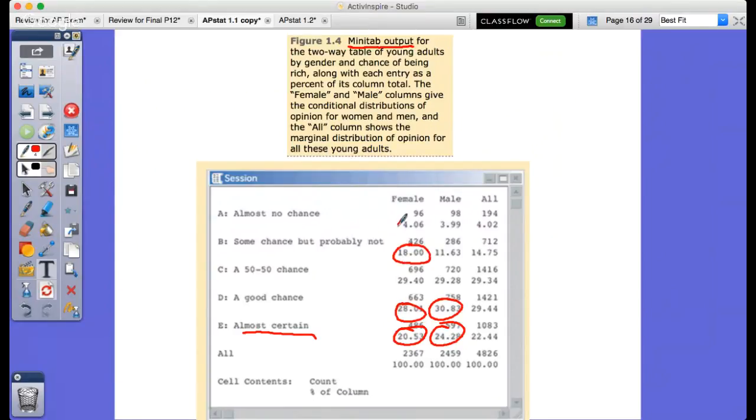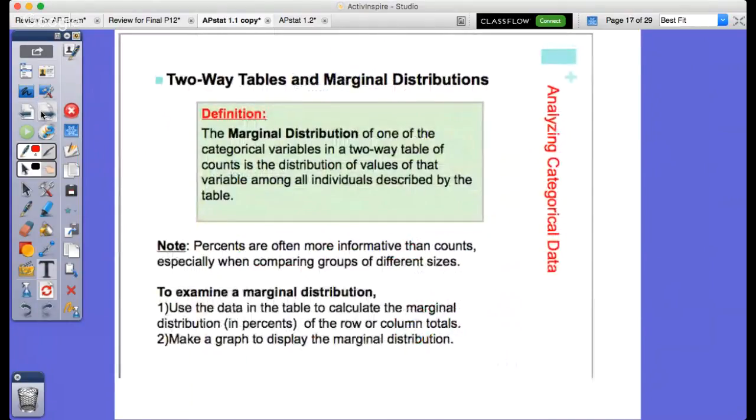You'll see the females actually had a higher perception of having almost no chance of being rich, and some chance, but probably not. They had higher probabilities compared to the males, which stated later on that they would have a better chance of being rich than did females, okay? All right, so let's talk about marginal distribution, all right?